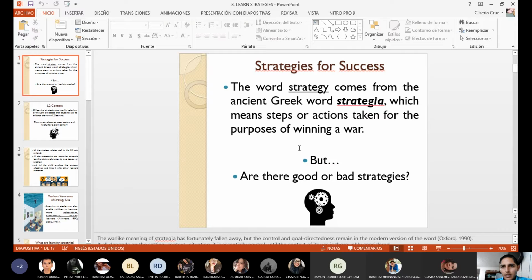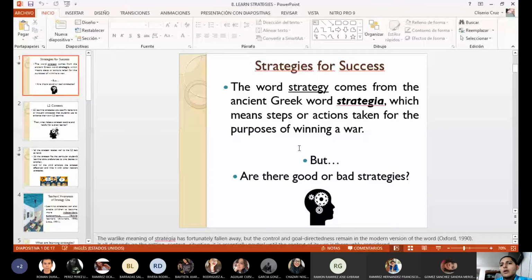However, the use of the word strategy evolved and was employed for behaviorism: how to achieve a goal by means of effort, reactions, actions, and taking opportunities in order to get a reward.